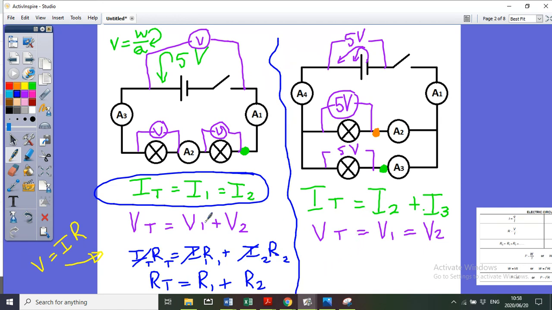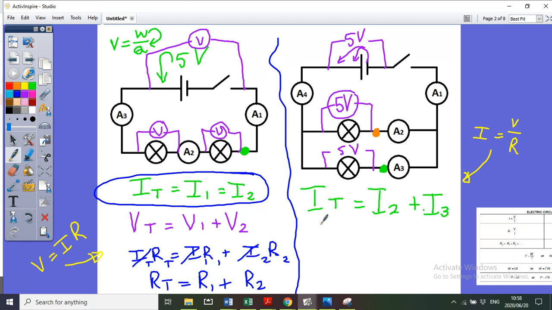Here in parallel, it's a little bit different. I'm going to take this away. Keep in the back of your mind that the voltages are constant this time. So now here, if we think about Ohm's law again, we get that I is equal to V over R. So if I take that and I substitute, because I want an equation for R, that's why I'm doing this.